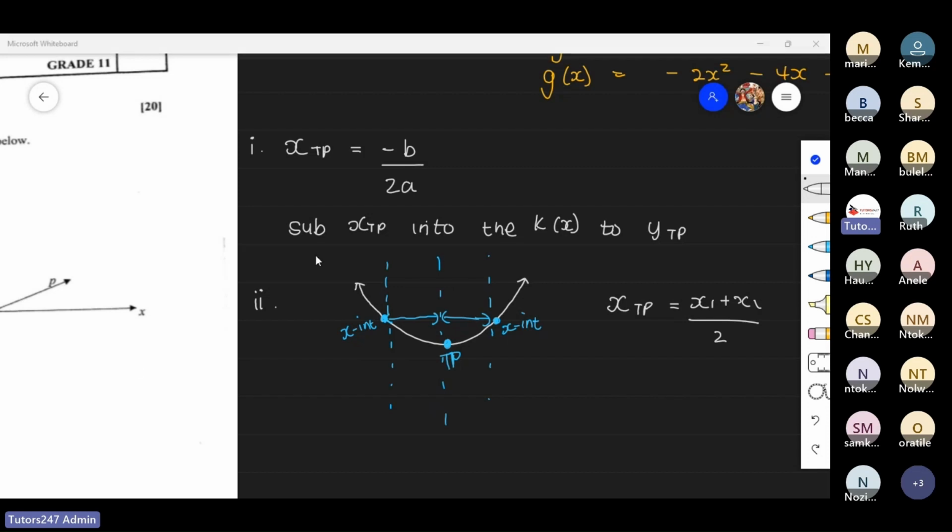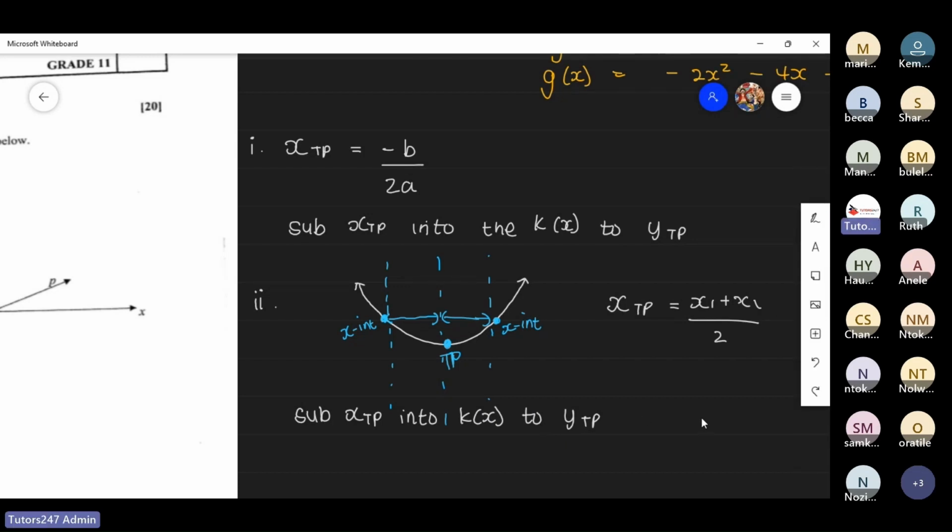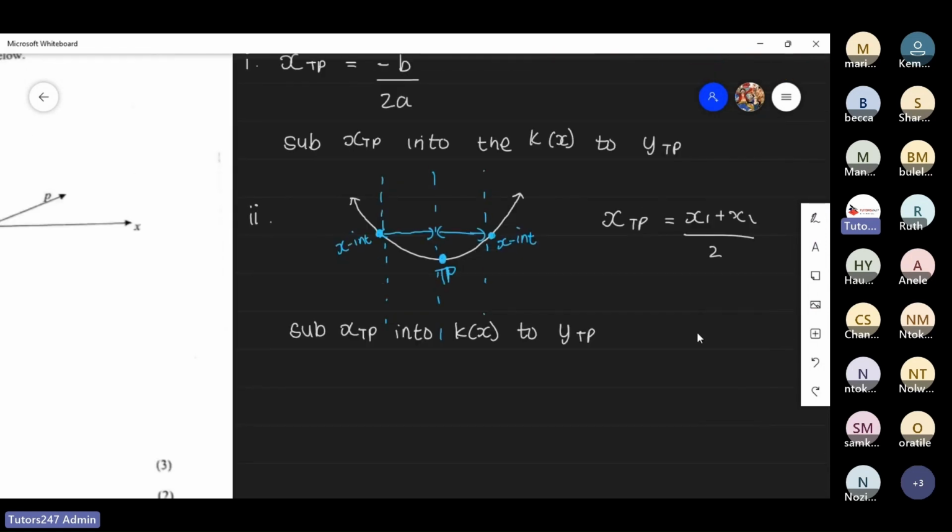Now, once we've found that x value, it's the exact same process again. We substitute that x value into the equation in order for us to find the y value of our turning point. Now, keep in mind that x1 and x2 just represent the x values of your x-intercepts.